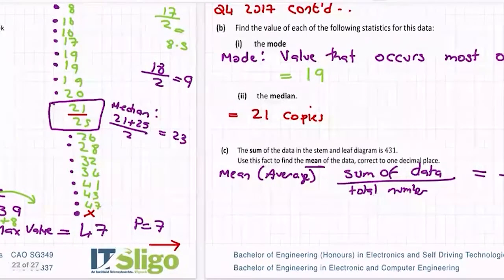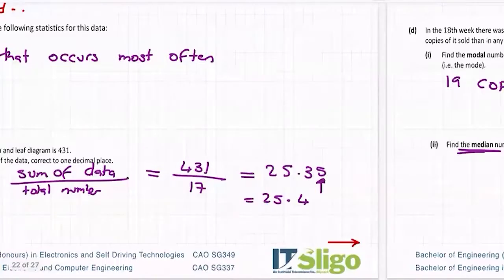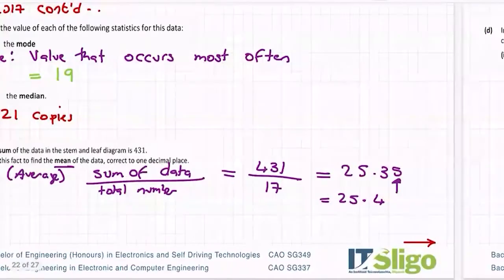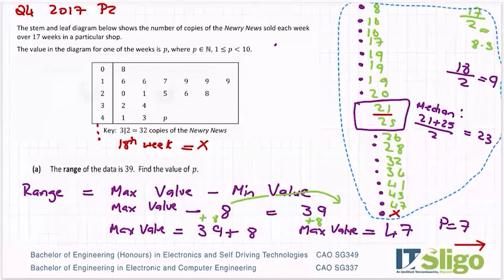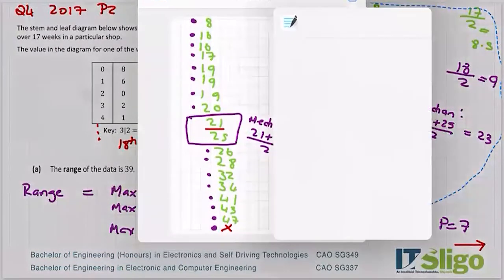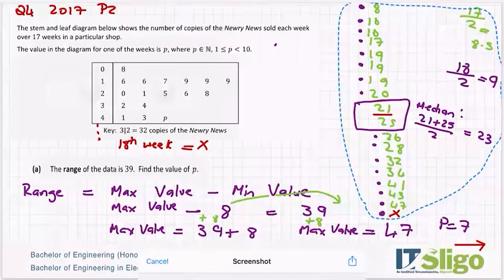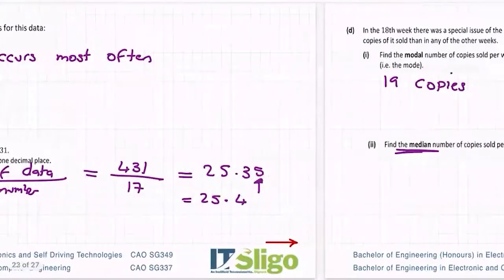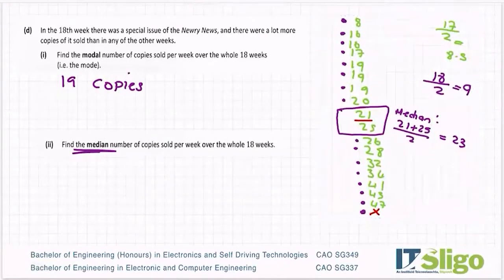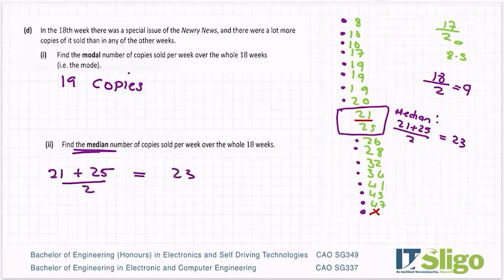For the answer over here, you could write all of these down if you wanted to show your work, but at a minimum for my median, I would write 21 plus 25 over 2 is 23 copies.